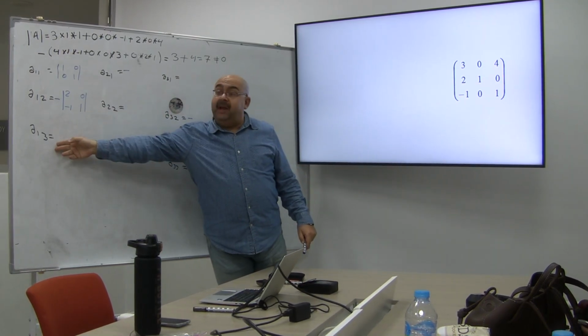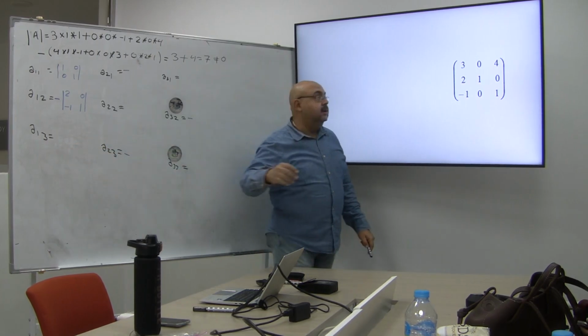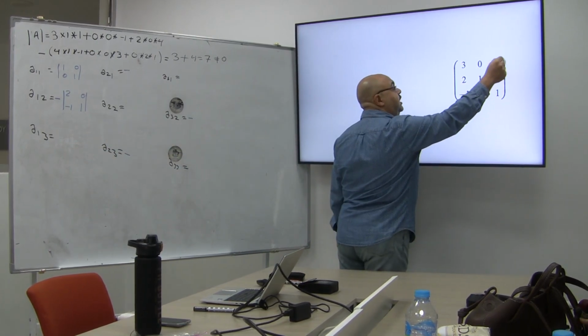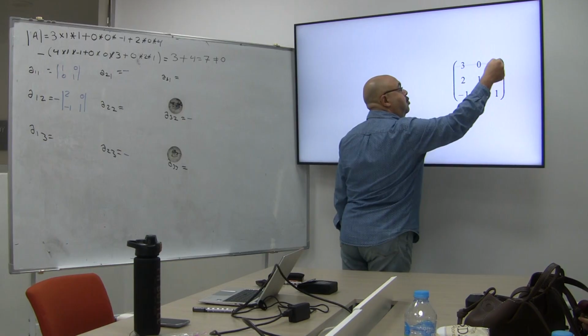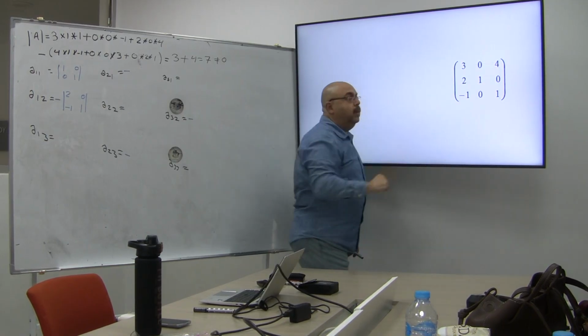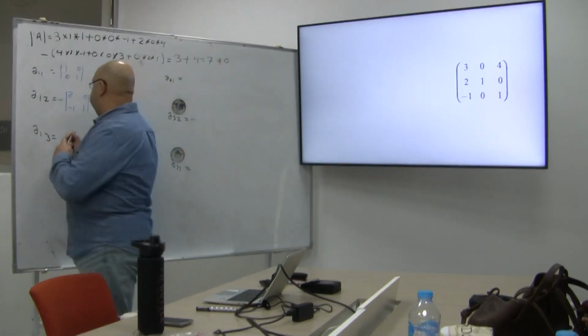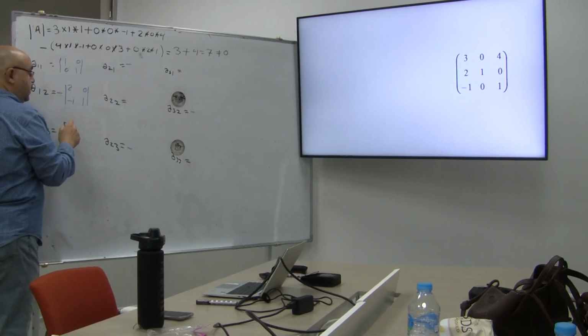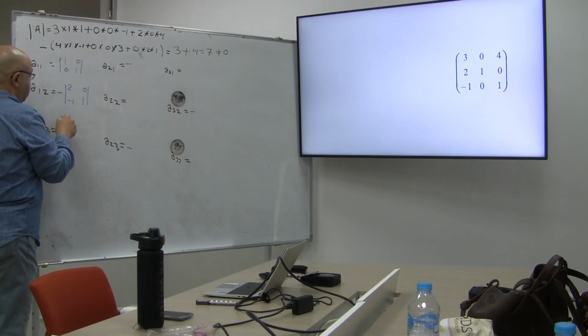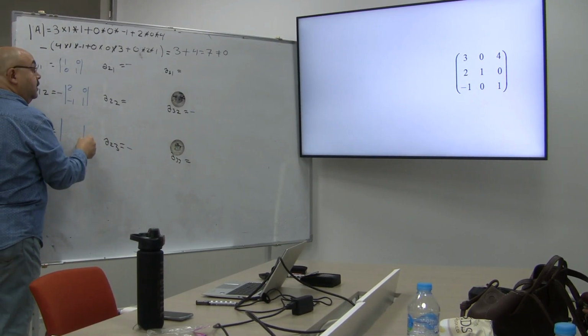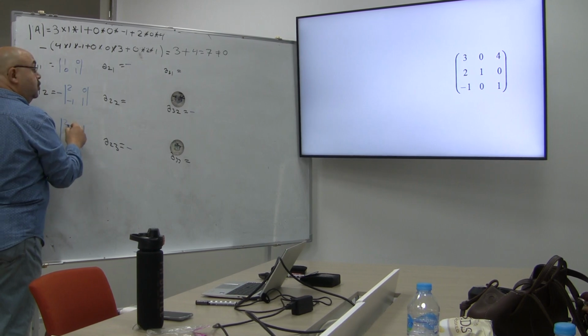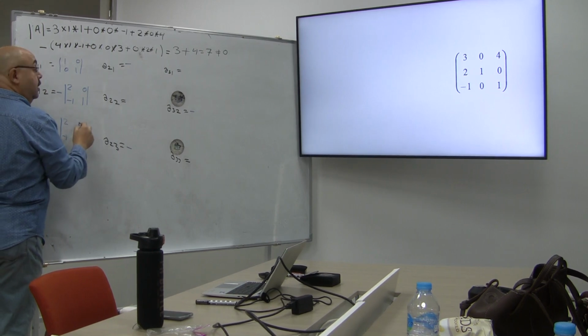I will go for the element 1 and 3. I will eliminate the row and the column. The remaining will be 3, 2, 4, negative 1, 1 and 0.